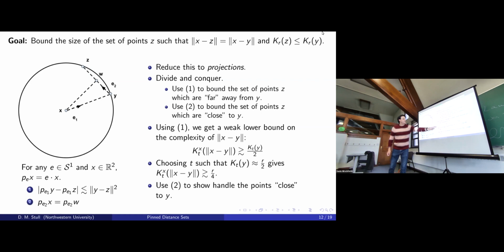The appropriate T to choose, the appropriate distinction on what's close and what's far, is the precision at which Y has complexity about R over 2. In other words, we choose T so that the complexity of Y is roughly R over 2. If you plug this into this bound, we see that at that precision T, the complexity of the distance between X and Y is about R over 4.